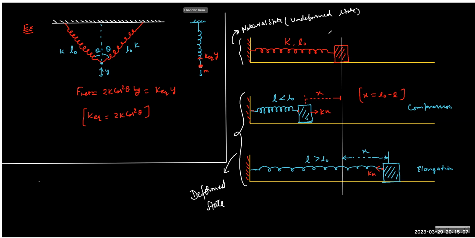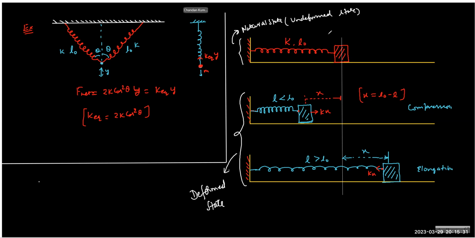Tell me, guys. The spring force will do positive work. So positive work means, will it give energy to the block or will it take energy away from the block? Give energy.